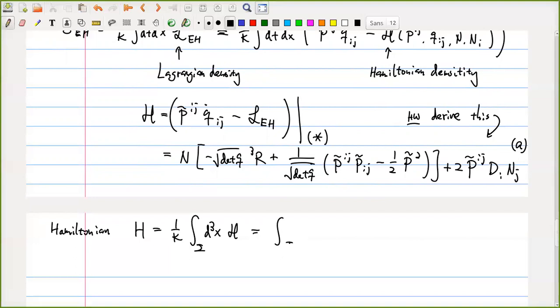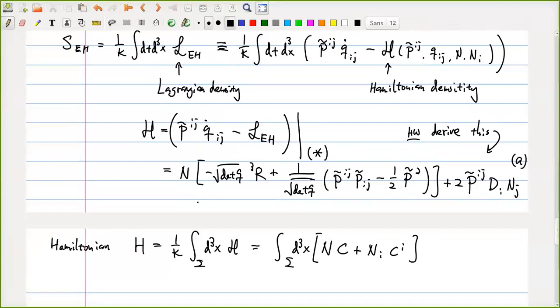Well, now I can write this formula in the following format: integrating over sigma d3x, n multiplied by C plus n^i multiplied by C_i. Why can I do that? n multiplied by C is very clear, this is just this term, and inside the square bracket I will call it C. The other term is a little bit different from n multiplied by C_i, because here n_j is inside the covariant derivative.